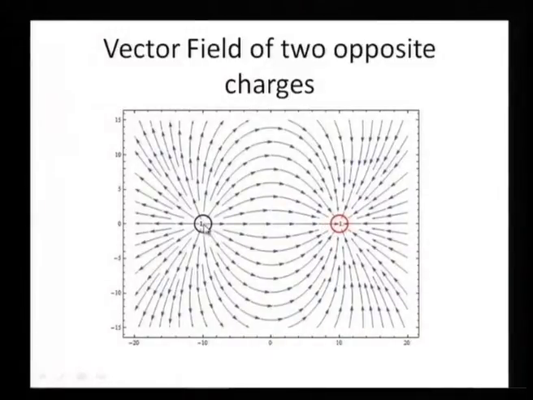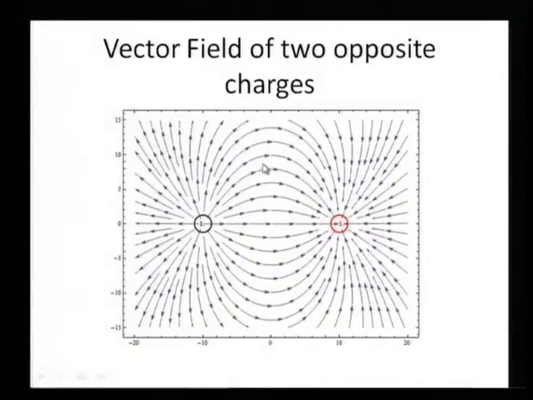So, this is what the vector fields would look like for a region which has a positive charge and a negative charge. Now, the lines along a particular direction are so close that we normally connect them by a continuous curve, and these are generally known as lines of force.